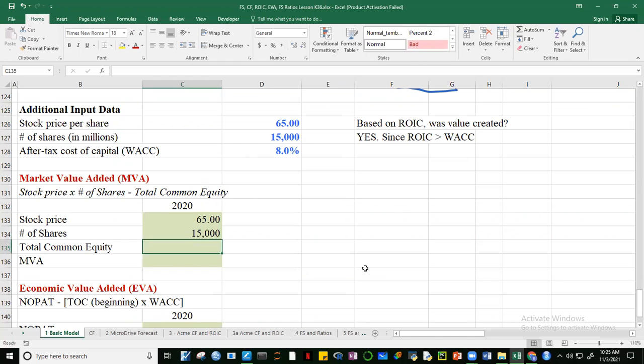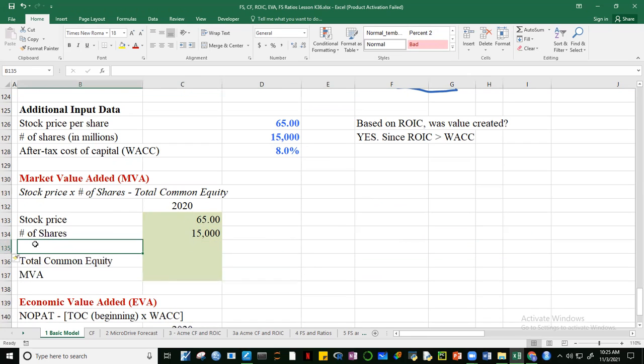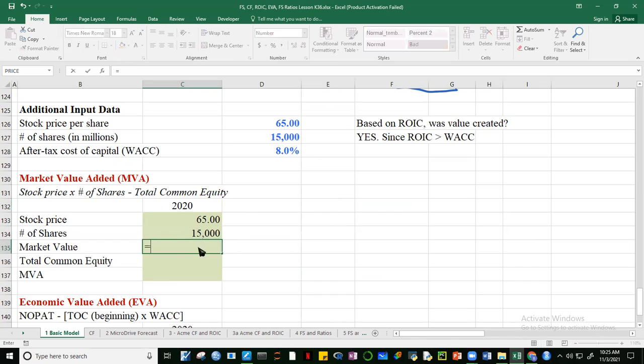Okay, so how much was our market value? Kindly insert a line here, guys. So how much was the market value of the stock? Market value is computed by multiplying the number of shares with the stock price.